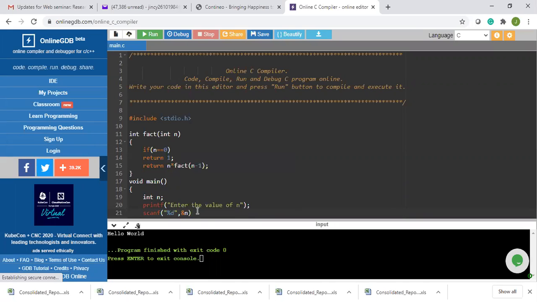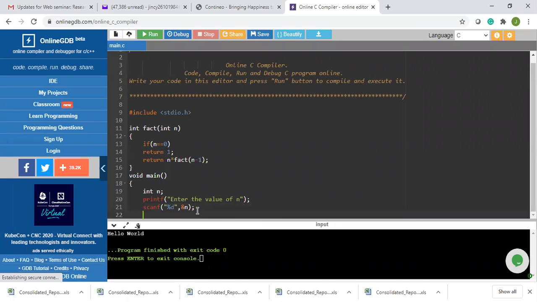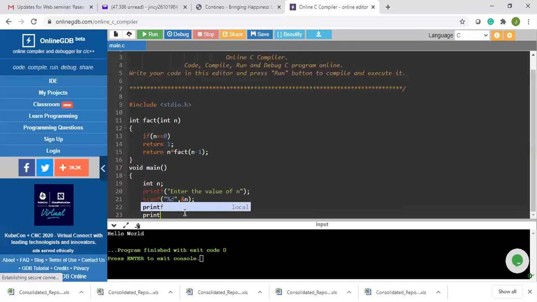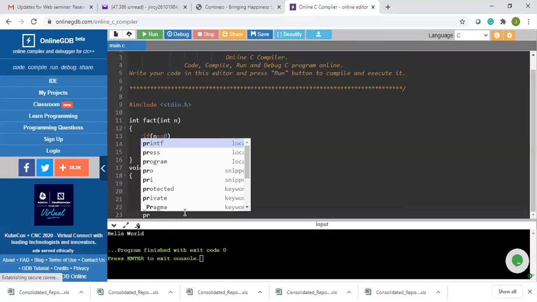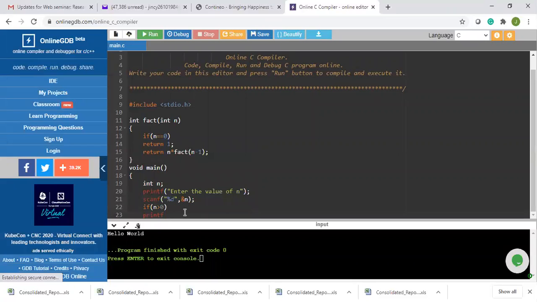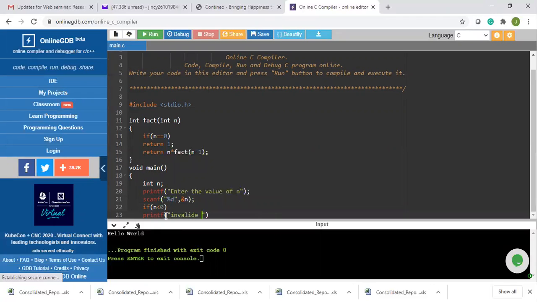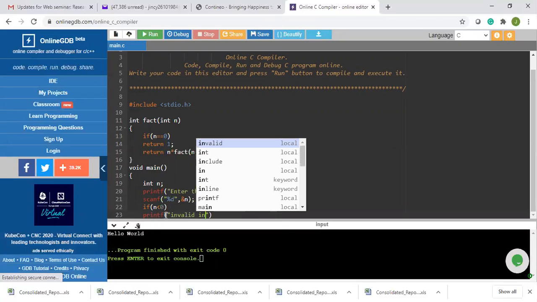And we have to check the condition for n. If n is less than 0, then we have to printf "invalid input".